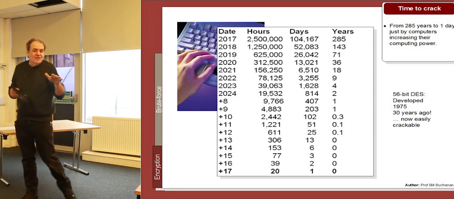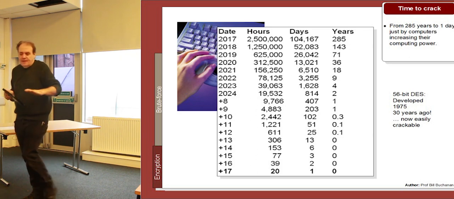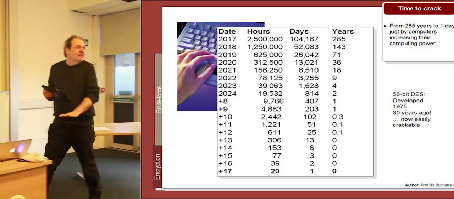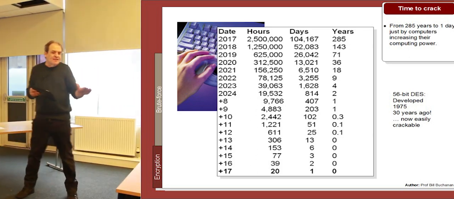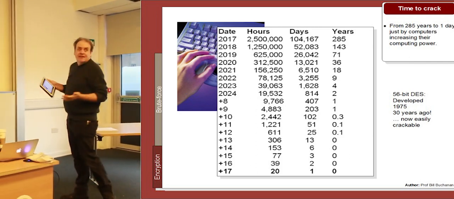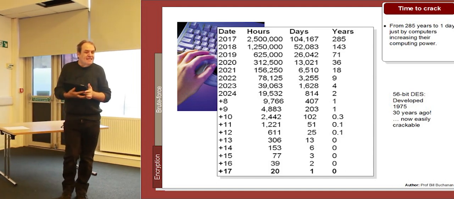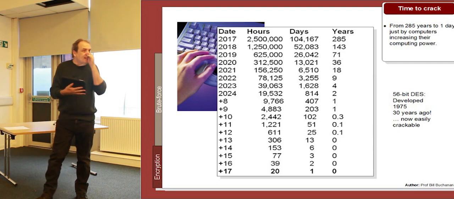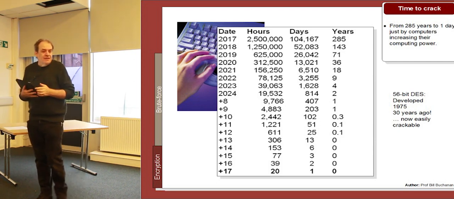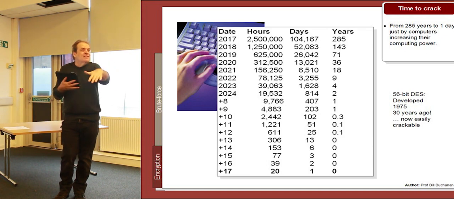We've almost got to the limit of silicon speeding things up, so the only way we can speed things up is to run in parallel and so on. But almost every year we lose a bit. A bit falls off the end, and it gets half as difficult. And because cloud is the one product in the world that gets cheaper every year, it gets cheaper to crack.